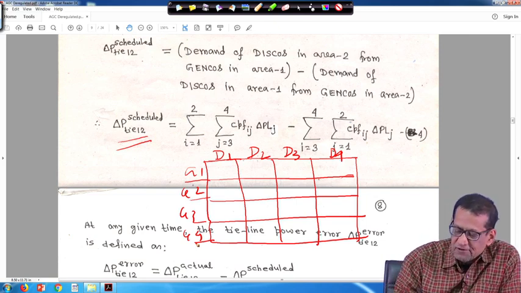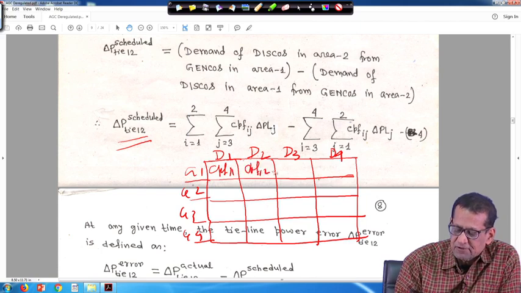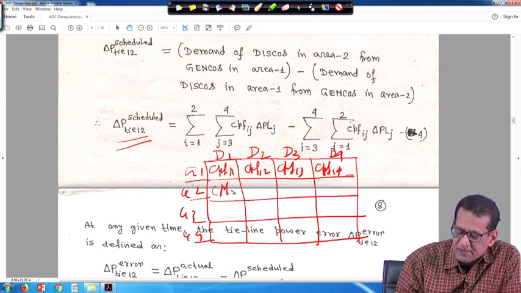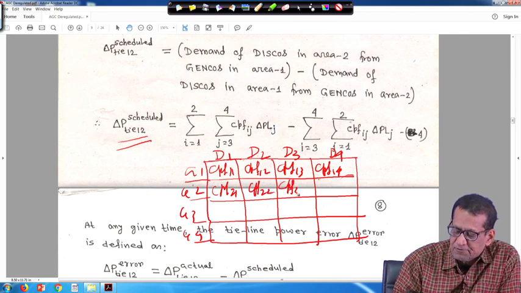Here you have the contract participation factors: Cpf 11, Cpf 12, Cpf 13, Cpf 14. Then Cpf 21, Cpf 22, Cpf 23, Cpf 24.